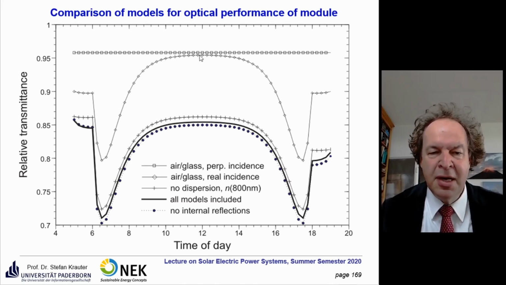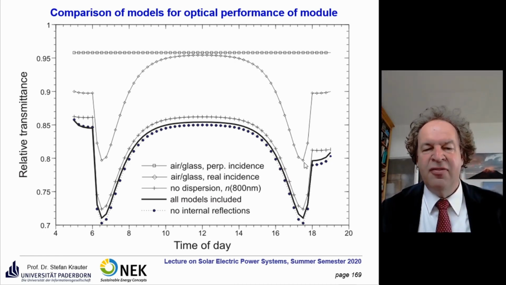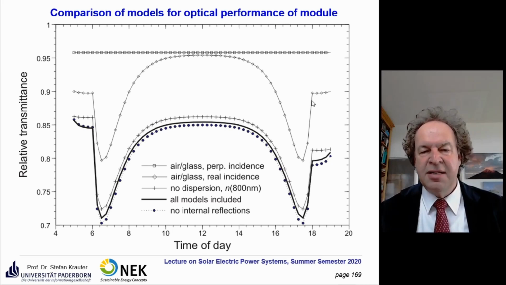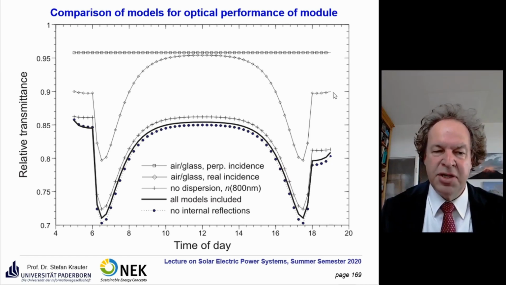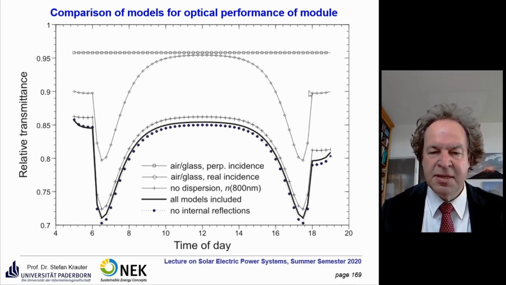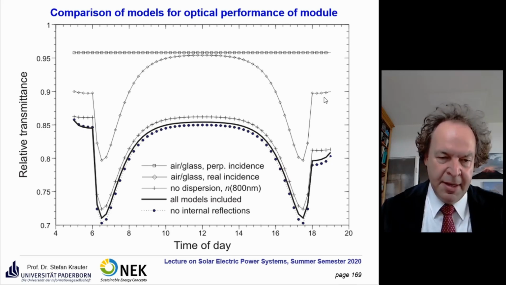As I told you, this still is not always under perpendicular incidence, so there's a small difference between those two graphs. And then it's completely symmetrical. In the afternoon at sunset, you have a lot of reflection. Then the sun is down, and after the sun is below the horizon, you still have some diffuse irradiance, which is, as mentioned, represented here by the average reflectivity or transmittance.